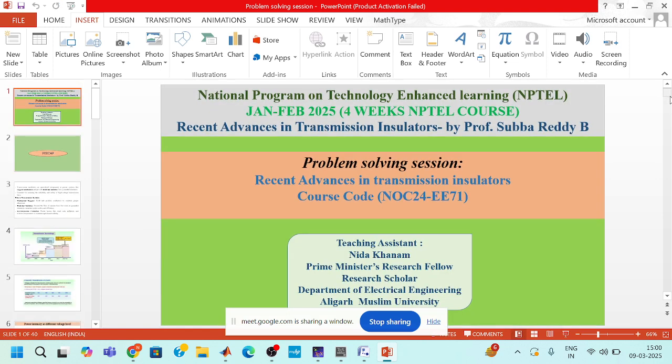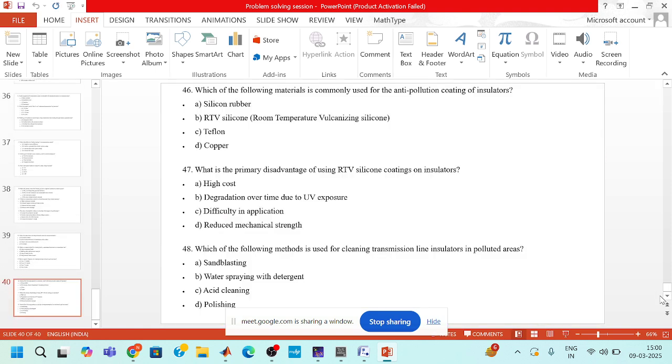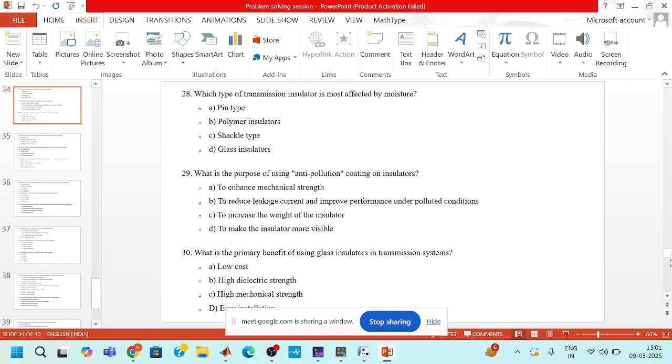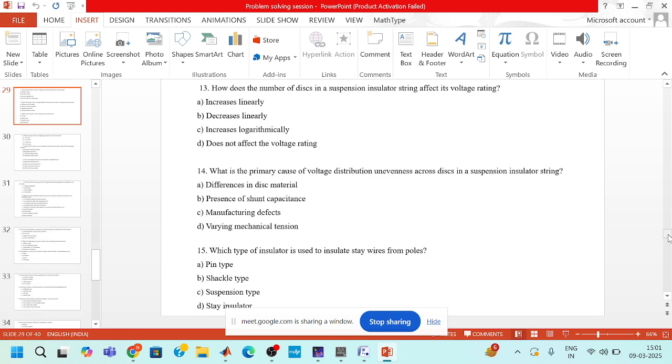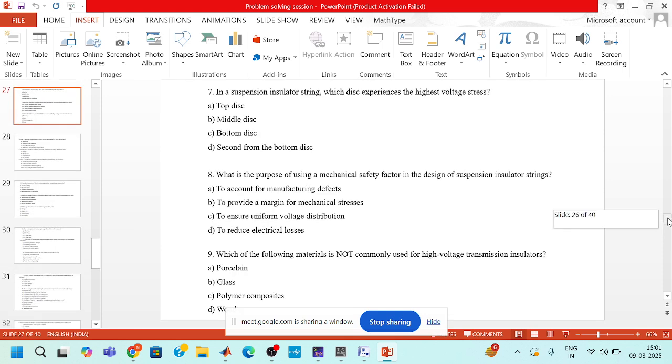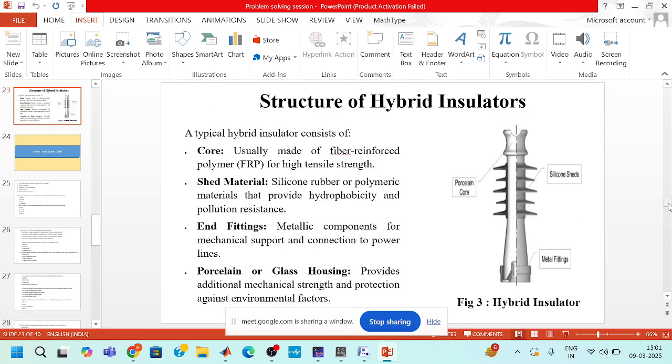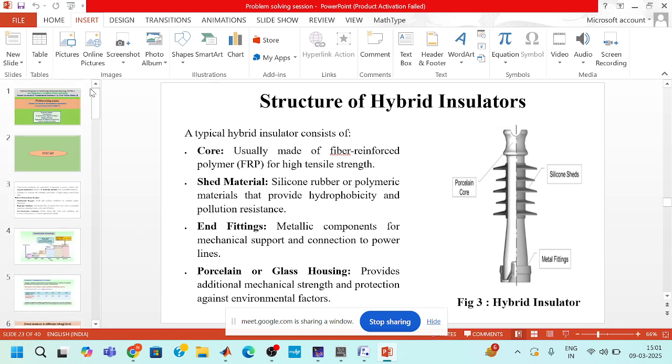Where can I find numerical problems? Numerical problems are based on string efficiency, and the number of disks will be asked like this. You can solve it easily. Will a video be uploaded for numerical problems? No, this is the last session. Actually, this is a theory subject basically.